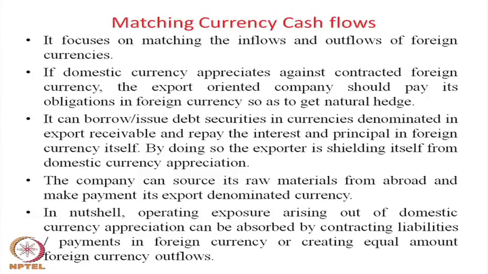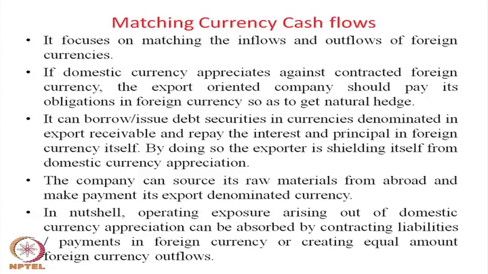In this position, the exporter is receiving foreign currency, and at the same time, for its financing, the exporter is creating foreign currency debt. So, debt repayment and export receivable together match, and there will not be any foreign currency operating exposure for the company. The company can also source its raw material from abroad and make payment in its export denominated currency.